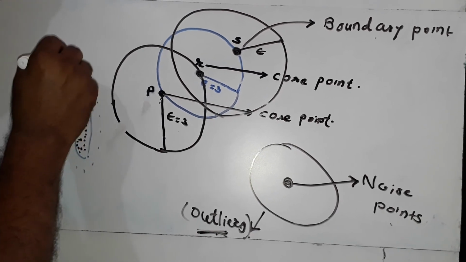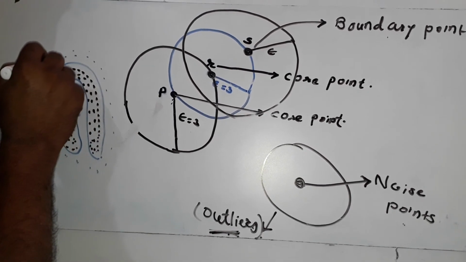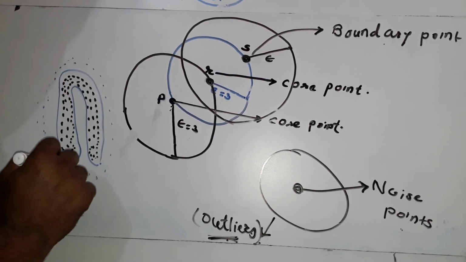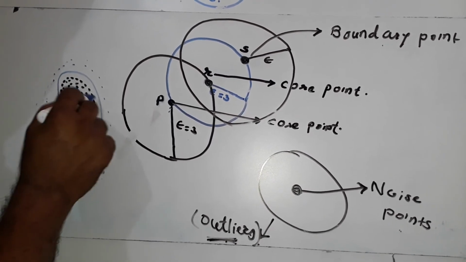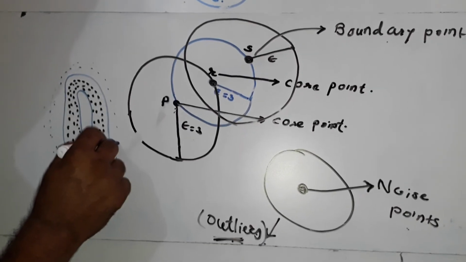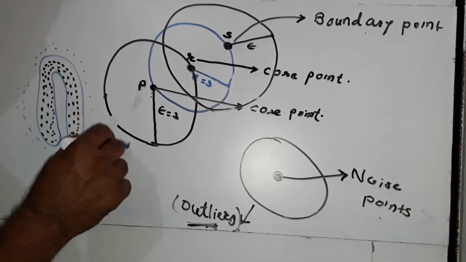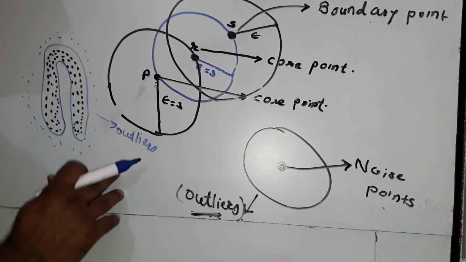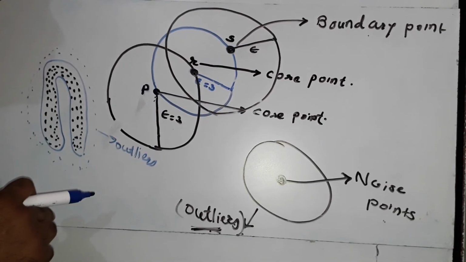The data points which are sparsely present or scattered, not within the dense area, can be called outliers or noise present in the databases. This is all about the DBSCAN algorithm. Thank you so much.